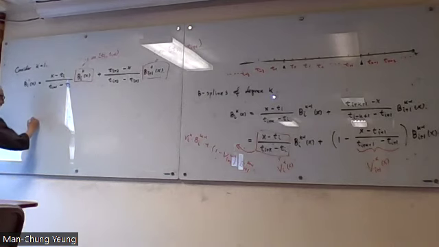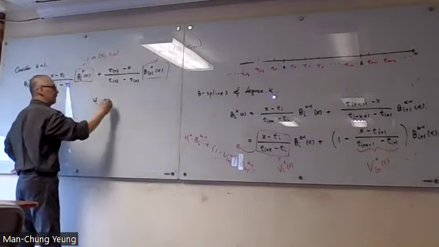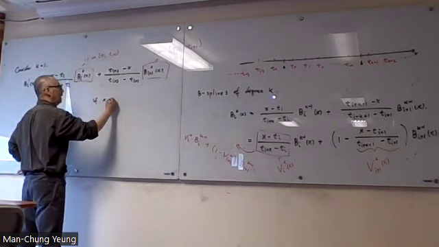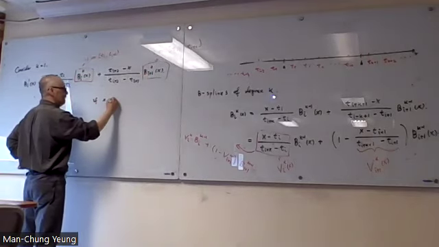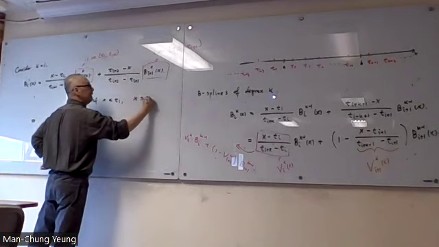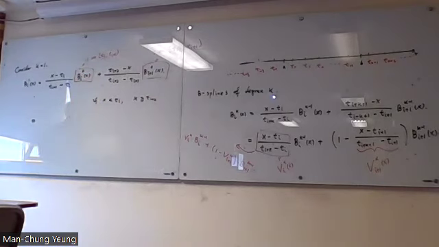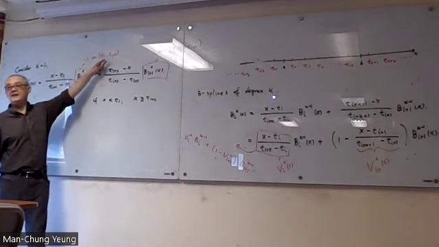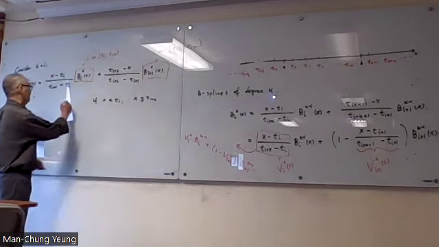So when x is outside these two intervals, that means x is less than t_i or greater than or equal to t_{i+2}, this is 0.